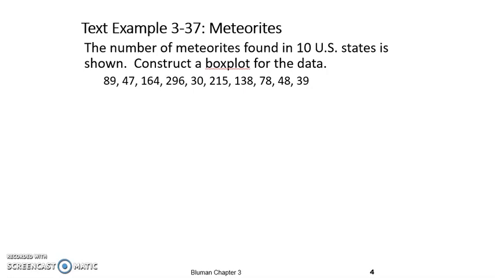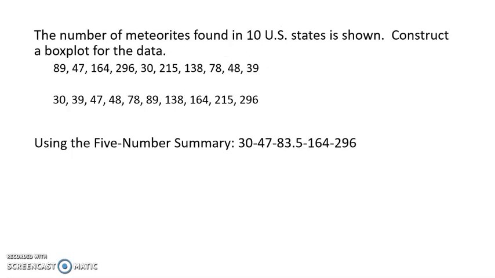So either you need to type this in list 1 and calculate one variable stat to get your 5-number summary, or you need to arrange your data by hand, least to greatest, find the median value right here, this 83.5, that's the middle value of the data. Separate your data into 2 parts, and the middle of the first part is 47, the middle of the second part is 164. Those are your quartile 1 and quartile 3. And then, of course, the minimum value is 30, the maximum value is 296.